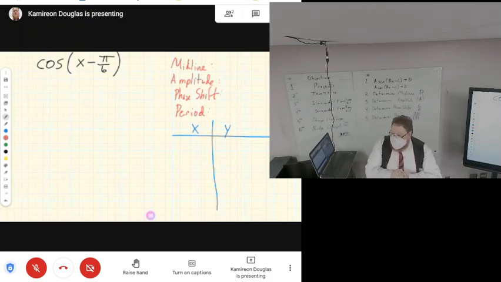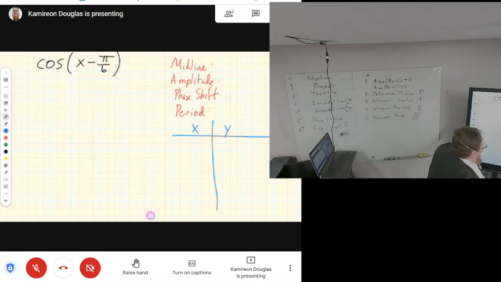Just like before, I'm going to start by looking at these one piece at a time. For each one of these to begin with, only a phase shift change. So, midline? 0. X-axis. Amplitude? 1. Phase shift? I'm just going to list them all out to begin with.